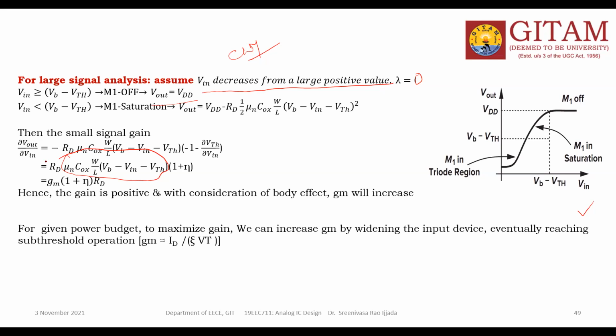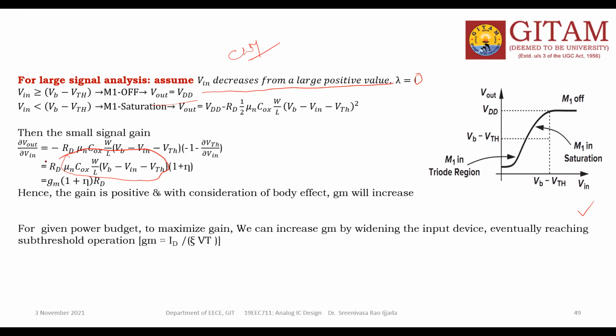Because if the input voltage increases, the gain will increase, since it is Vout by Vin. Definitely if the input voltage changes, the output voltage will change, and the gain will ultimately change. But I don't want to do that, because my input voltage has to be within the given power budget, which is already fixed.